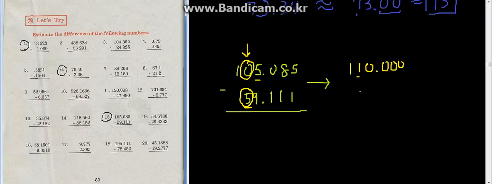For the second number, we have a 9 to the right of 5. So we follow rule 1 and add 1 to this 5. It becomes 6. Then the 9 and all the other numbers are changed into zeros. Okay, so it's very easy to compute.